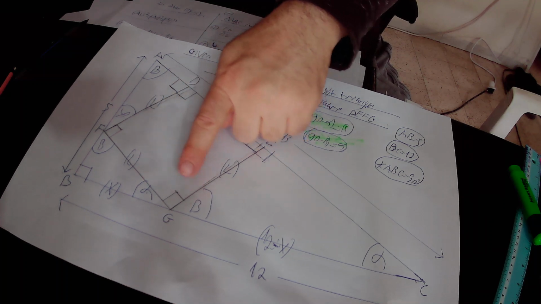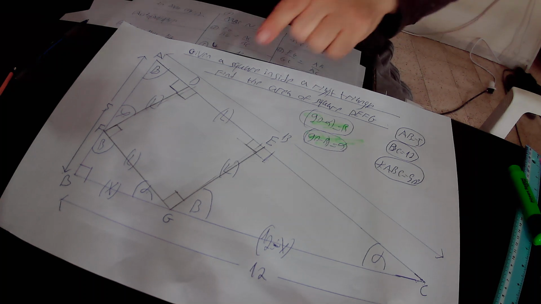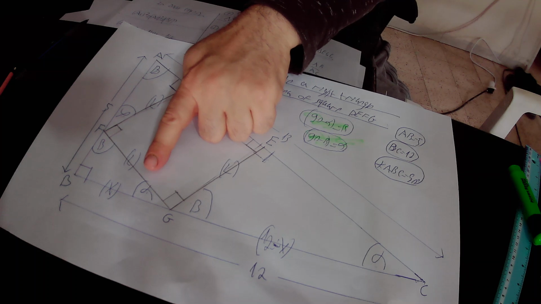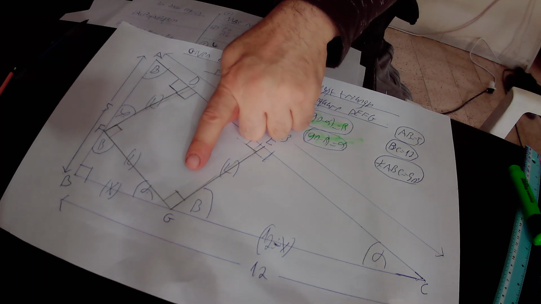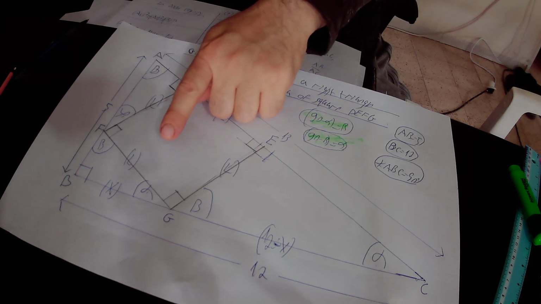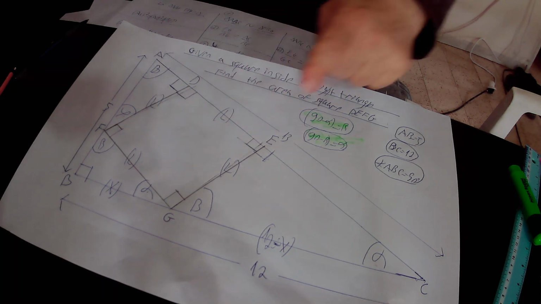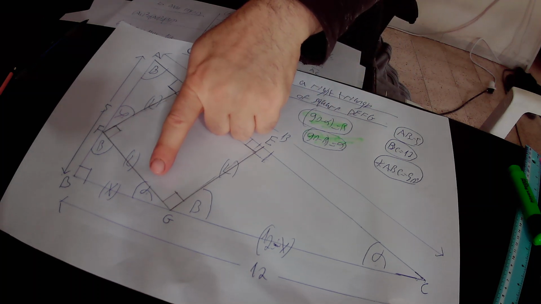In total, the sum of those three angles must be equal to 180 degrees according to the rule that I mentioned. Therefore, the missing angle here must be equal to 90 degrees minus beta. Why? Because 90 degrees minus beta plus beta is 90 degrees, and 90 degrees plus 90 degrees is equal to 180 degrees. That is the sum of the angles in any triangle. So the missing angle here must be equal to 90 degrees minus beta, but 90 degrees minus beta equals to alpha, so the missing angle here equals to alpha.